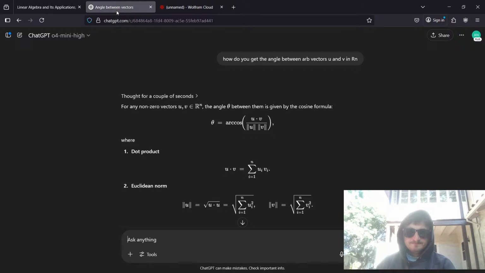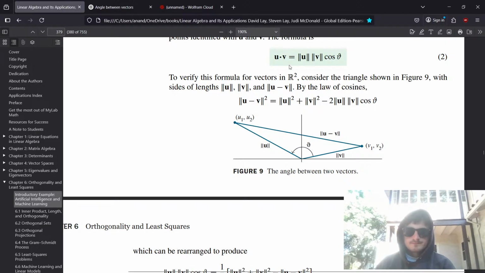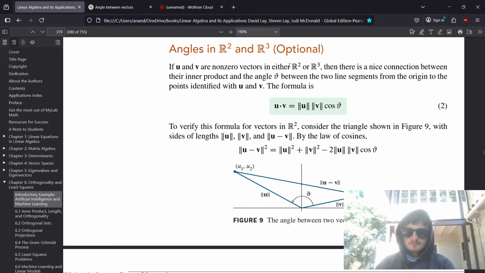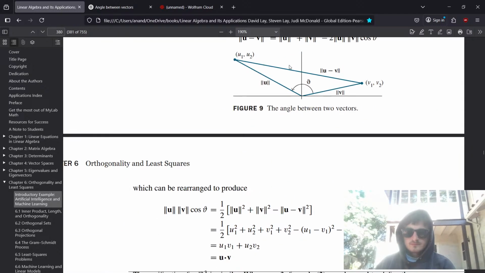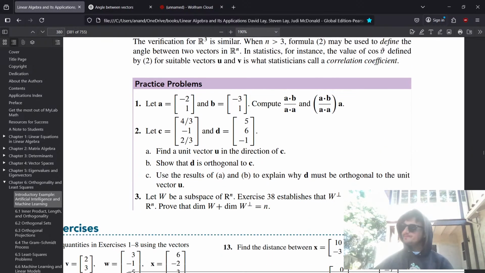If this formula generalized to Rn, I don't know why they didn't say that.